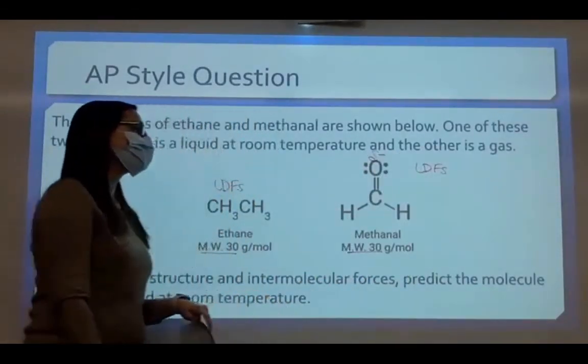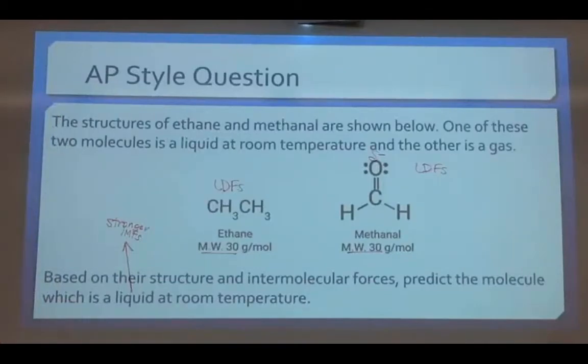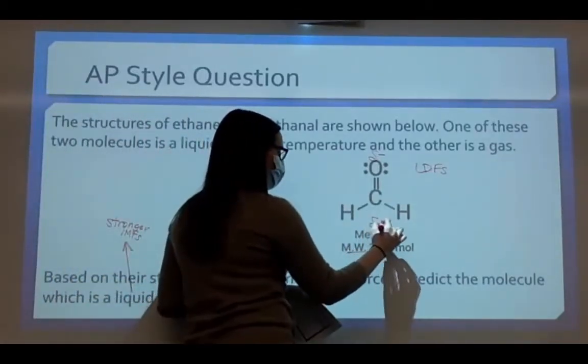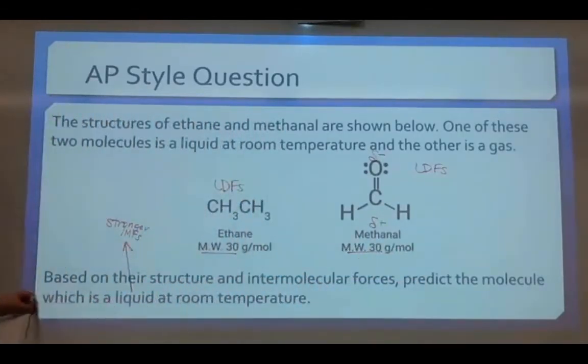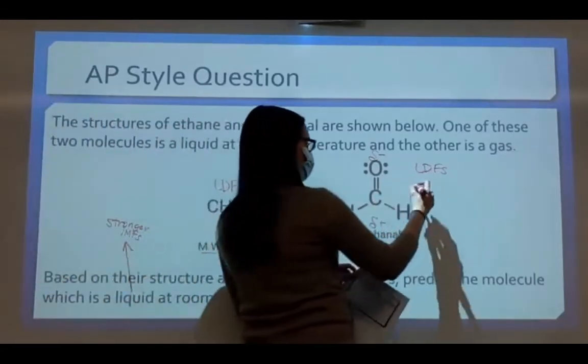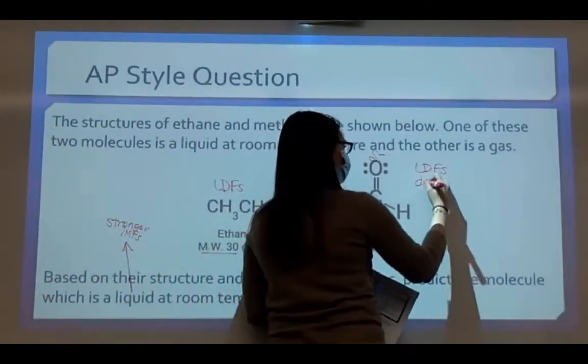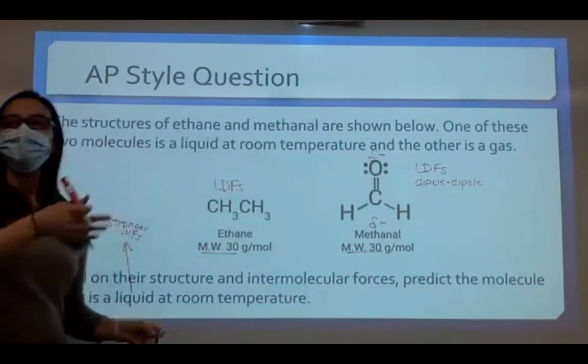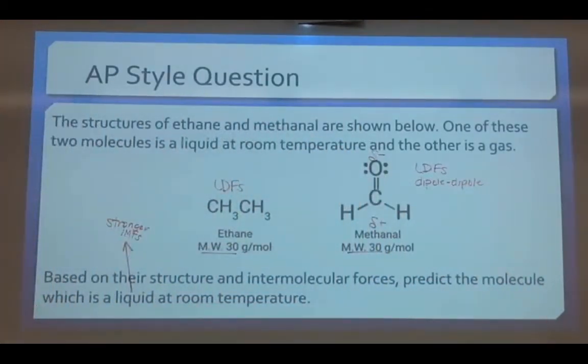The top of this molecule is going to carry a partial negative side, which means the bottom will carry a partial positive side. If one side is partially negative and one side is partially positive, two poles, this also is dipole-dipole forces. So you always want to make sure that you list the intermolecular forces for both substances.